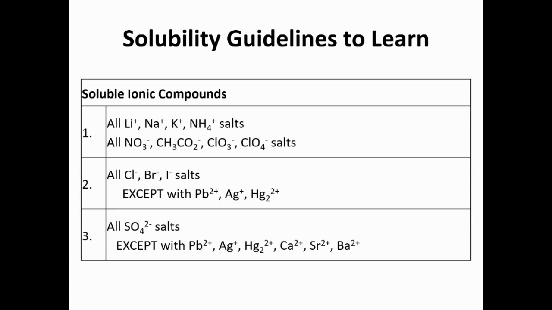We move on to the sulfates. All sulfates are soluble. The exceptions are the same as with the group 17, the lead, silver, and mercury, as well as calcium, strontium, and barium. Sulfates are also insoluble with those. Other than those 6, when you combine sulfate with any cation, you'll get a soluble salt.